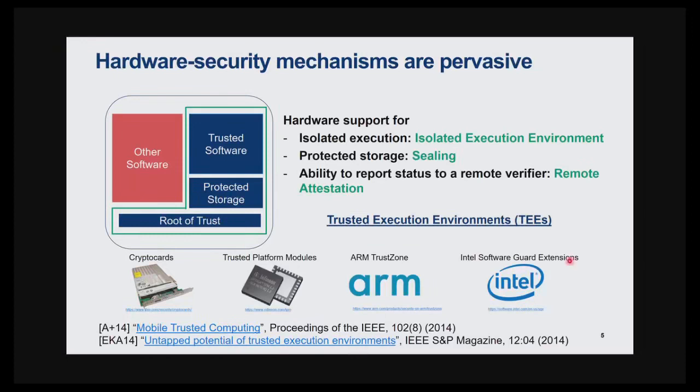Intel recently announced a technology called Software Guard Extensions that provide similar functionality for the x86 platform. So the fact that these are widely deployed allows developers and system builders to design interesting new protocols which can provide the kind of security that wasn't previously possible if you were using only software-only mechanisms.